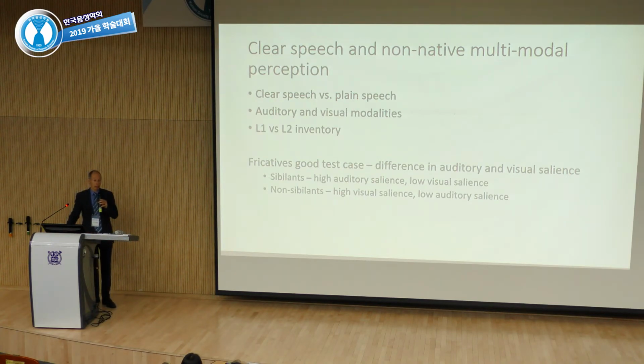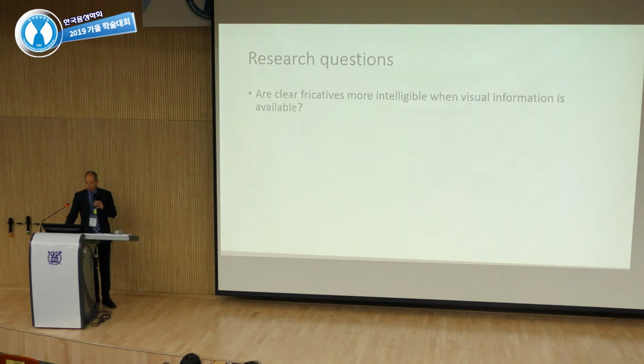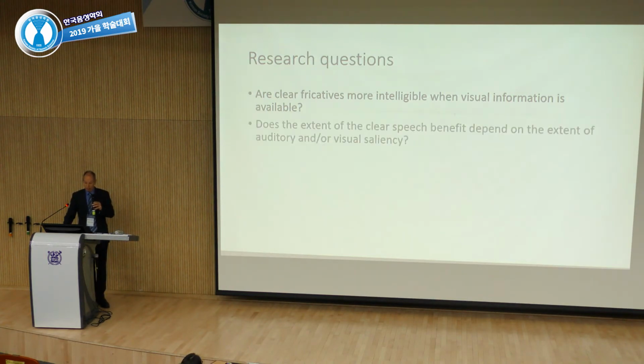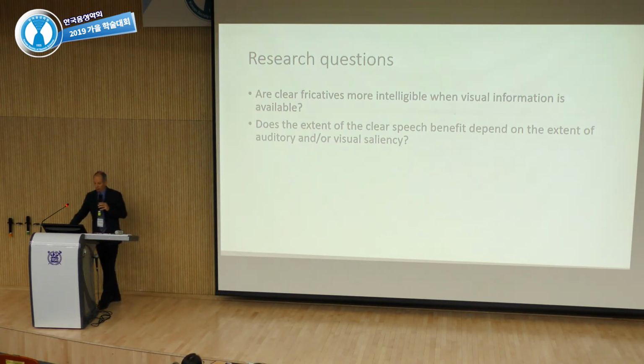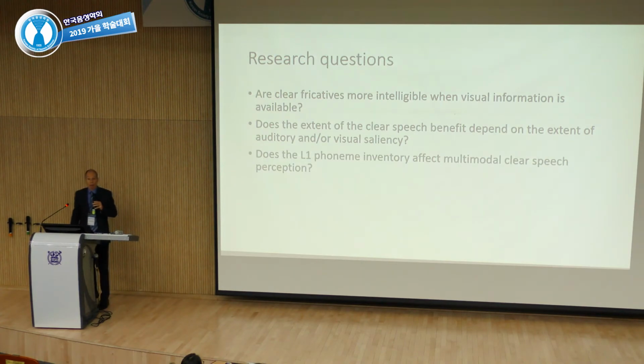So does that play a role at all in our multimodal perception? So what we wanted to know is, of course, are clear fricatives more intelligible when we add visual information? Does the extent of the clear speech benefit depend on this visual and or auditory salience? And does the L1 phoneme inventory affect this process at all?